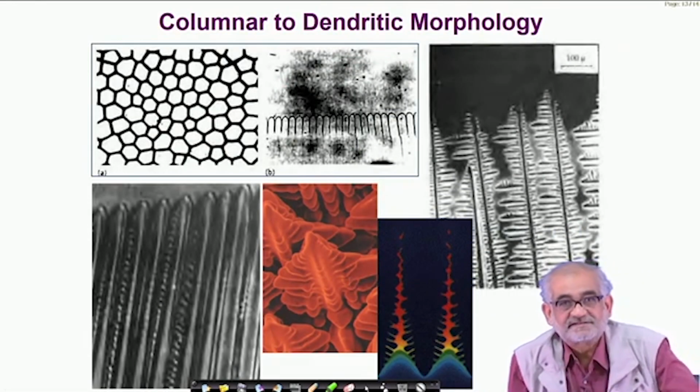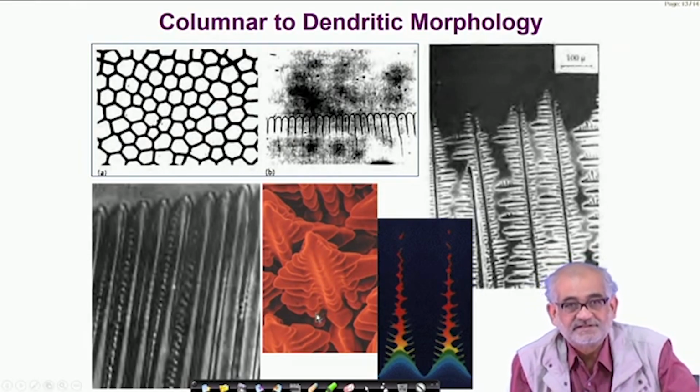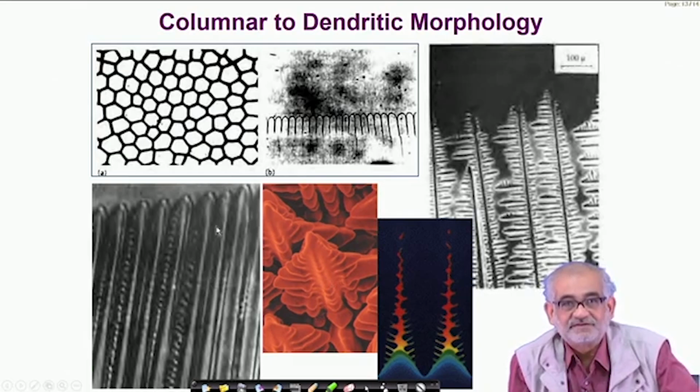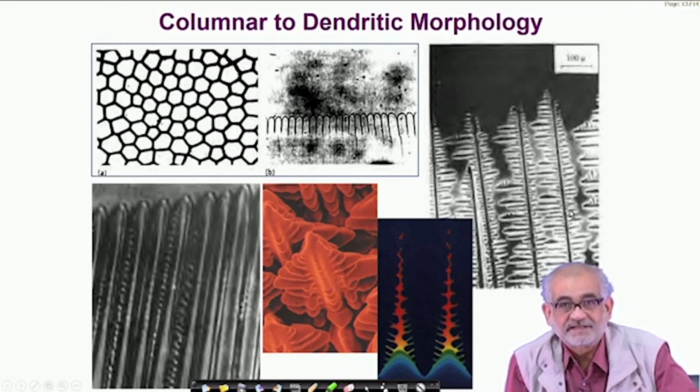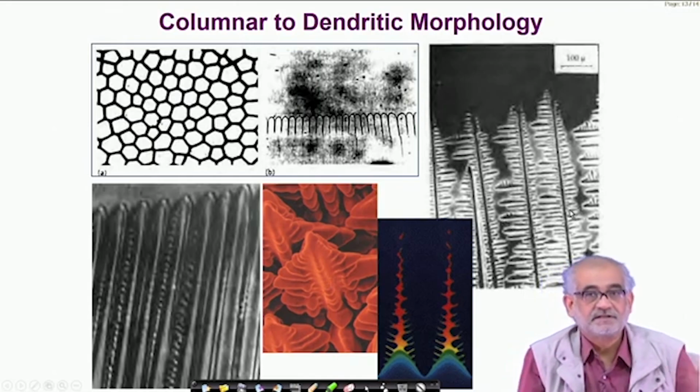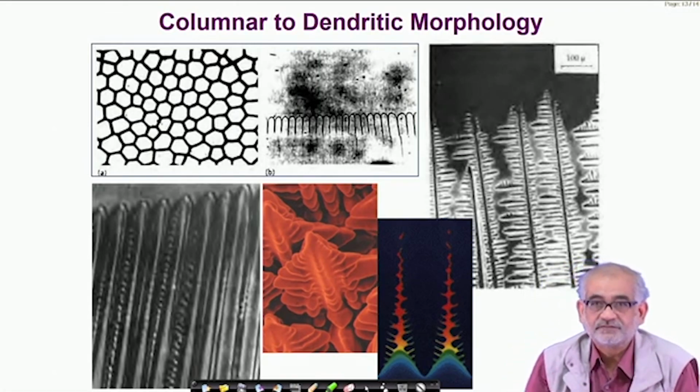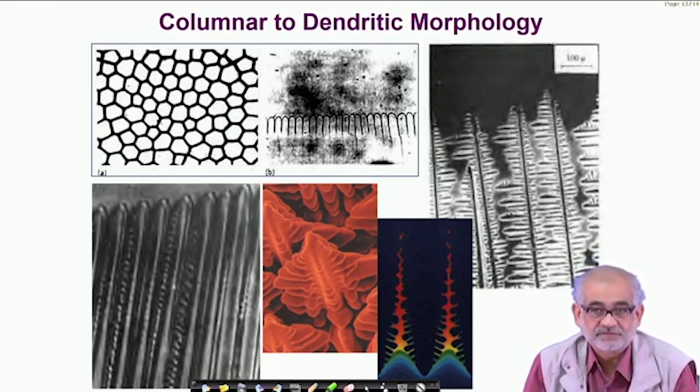So when we cast, these are the kind of fancy structures we see, not always, but we may end up actually seeing such growth of columns, and at times those columns which are unidirectional in nature of growth can also manifest themselves in a similar tendency of growth in the lateral directions, leading to what is known as dendrites, which is essentially borrowed from the Greek word which means essentially fir tree-like structure.